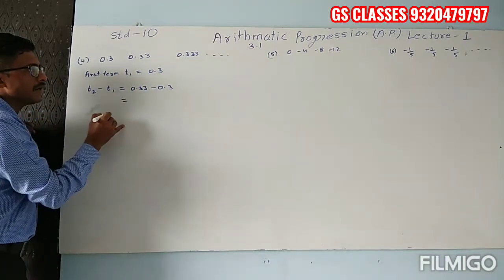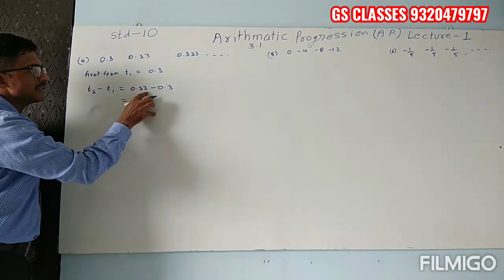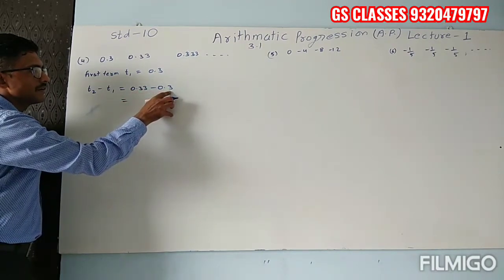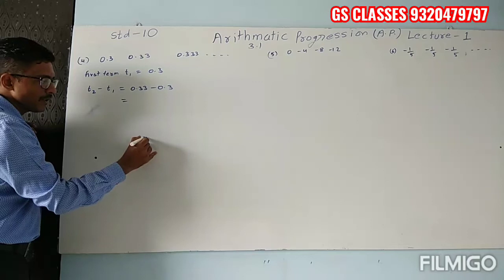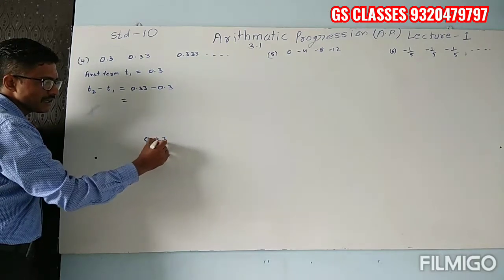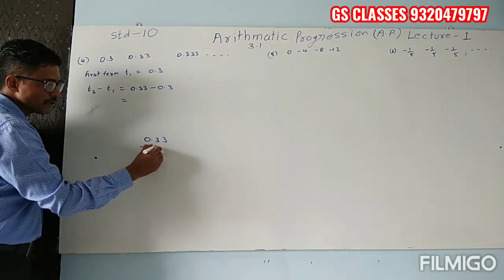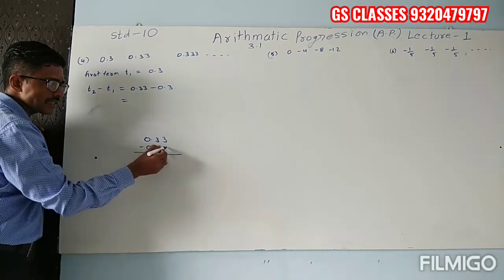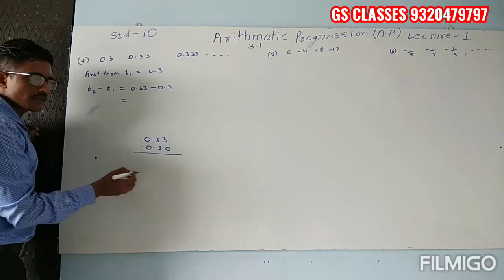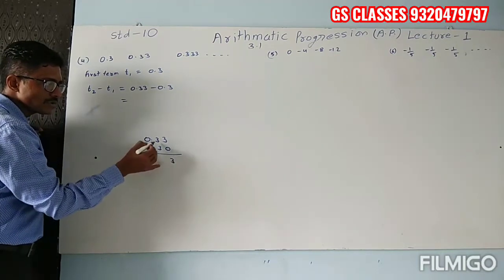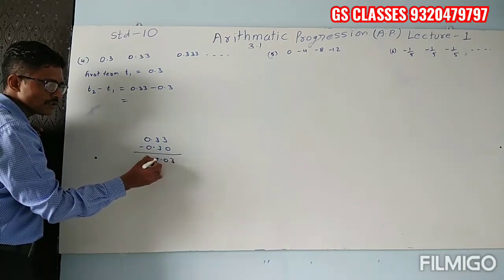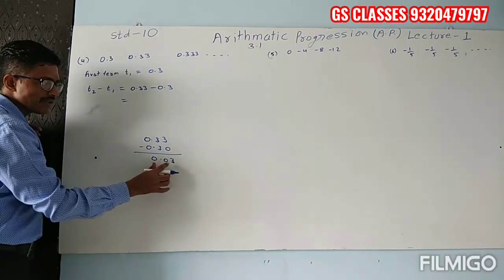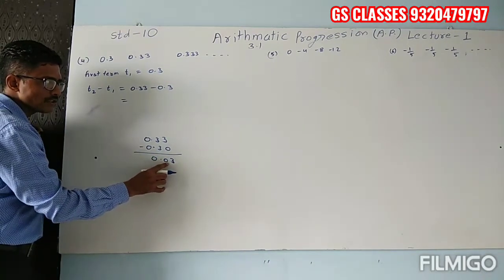Here you are taking 0.33 and subtracting 0.3. If nothing is there, we can take 0. 3 minus 3 will become 0. So the difference now is 0.03.